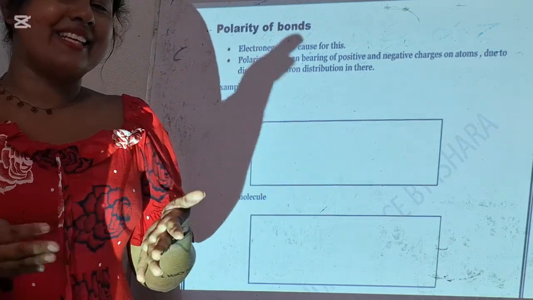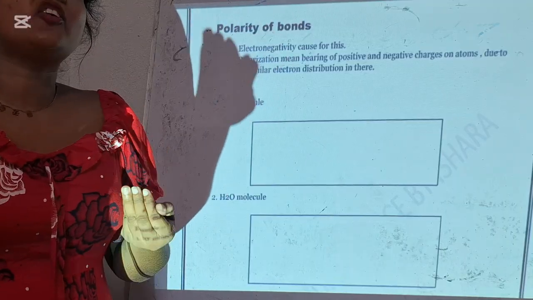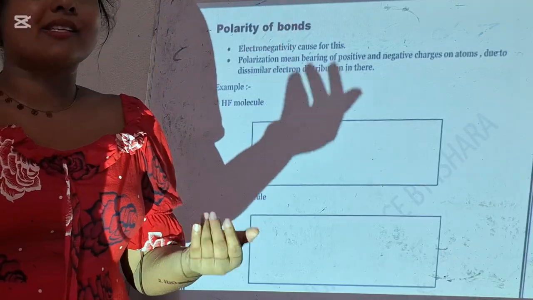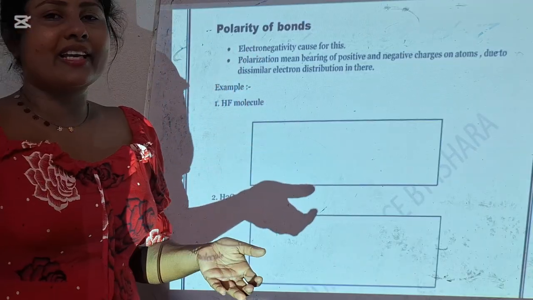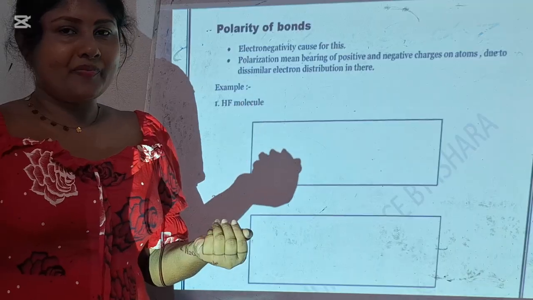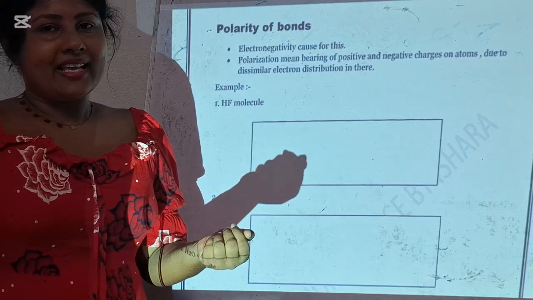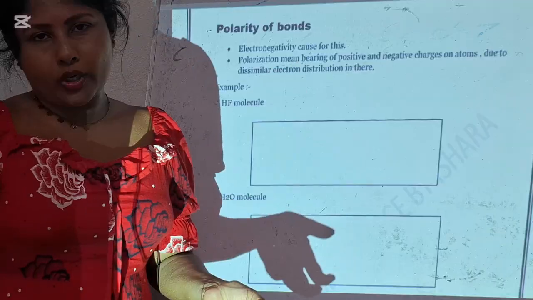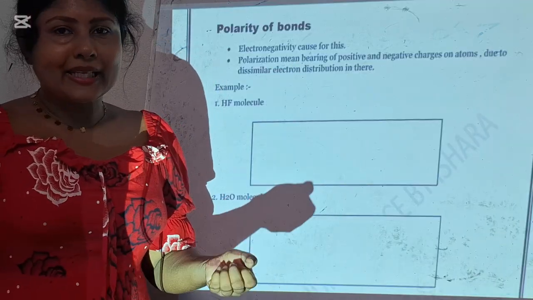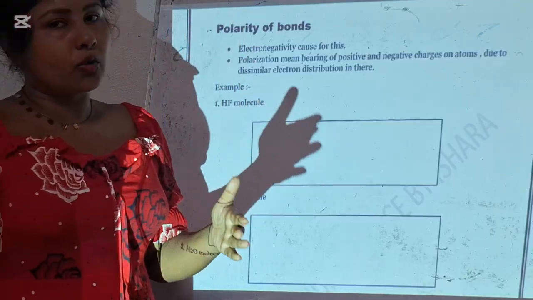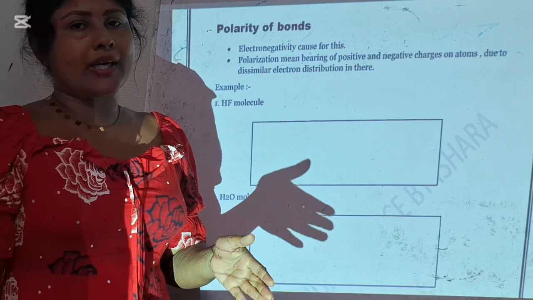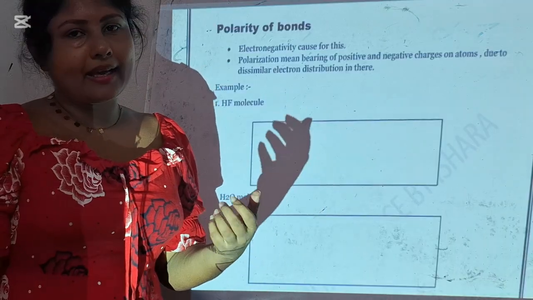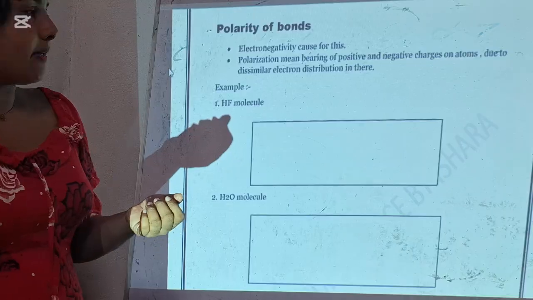Actually, polarity is generated due to the difference in electronegativities of the atoms. We talked about the electronegativity of atoms in the third lesson. Electronegativity is, when an atom is bonded with another atom, the ability of an atom to attract the electrons in the bond towards itself.